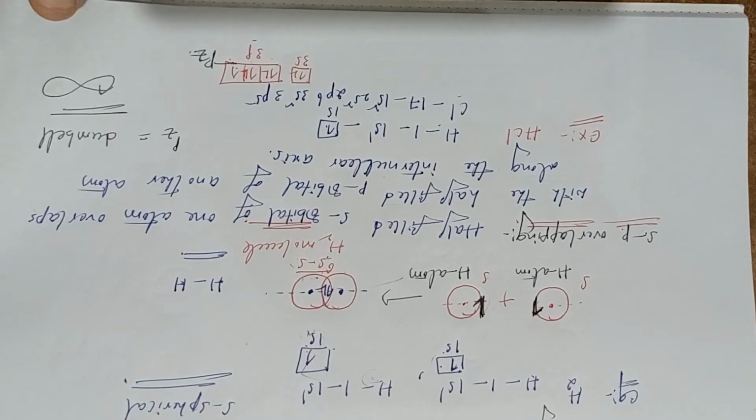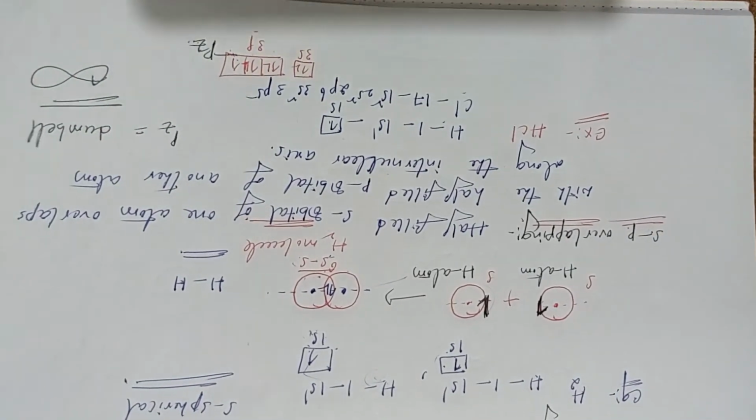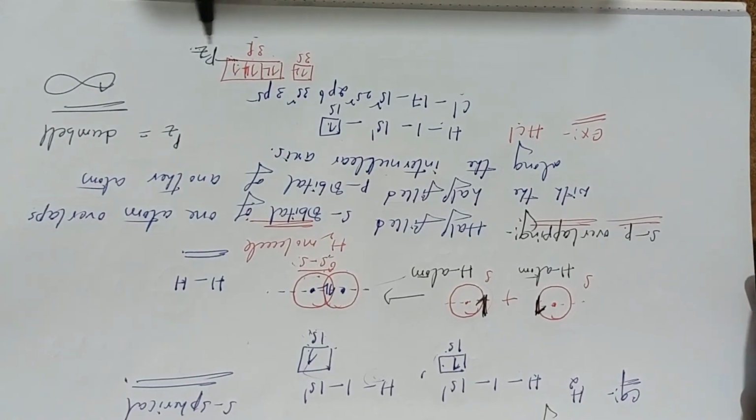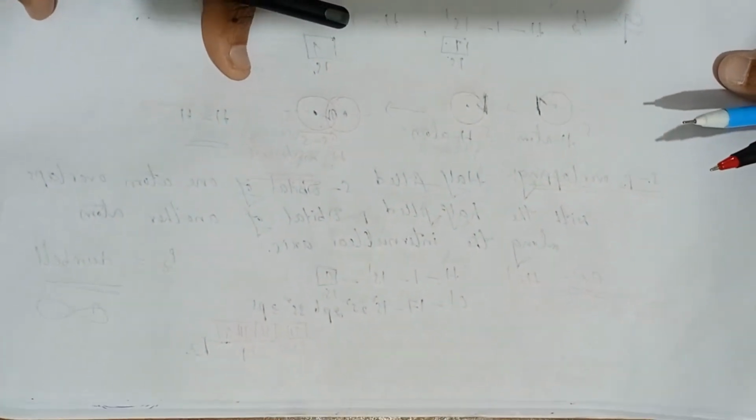Clear this one. Now see, students, in HCl the hydrogen atom s orbital and the chlorine atom pz orbital undergo overlapping. Which orbital of the hydrogen atom, students? The s orbital.